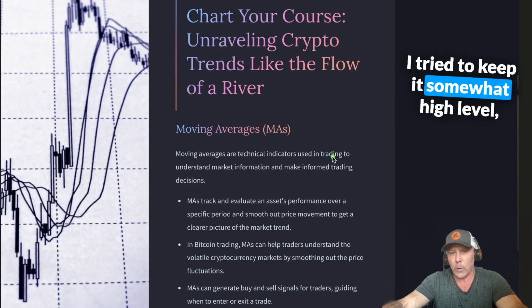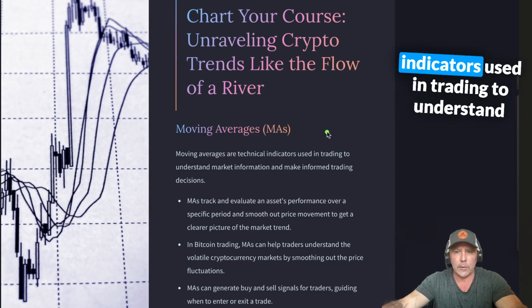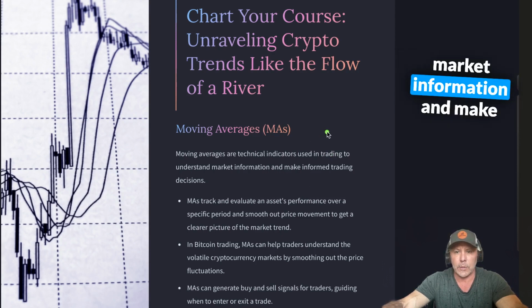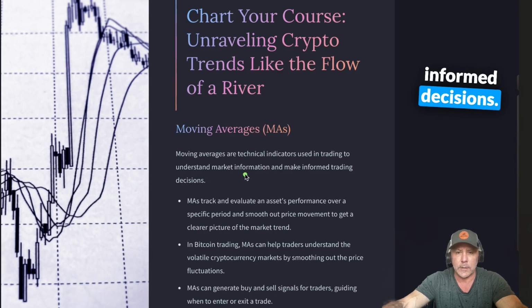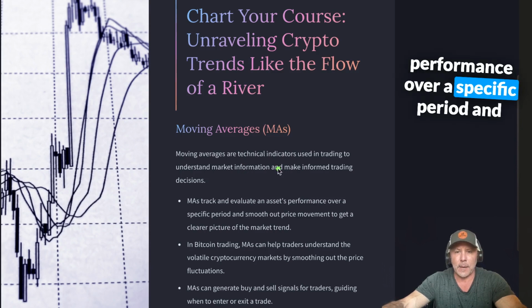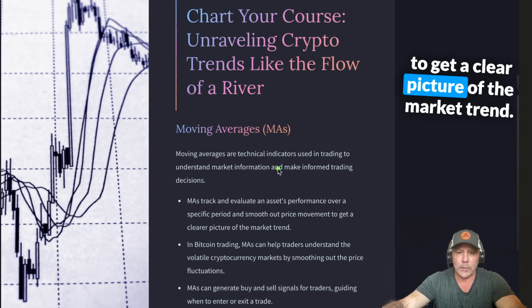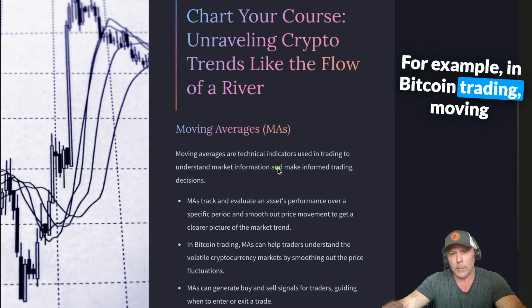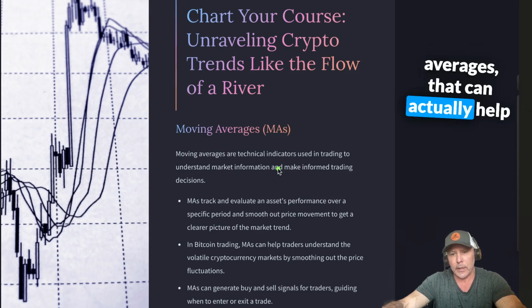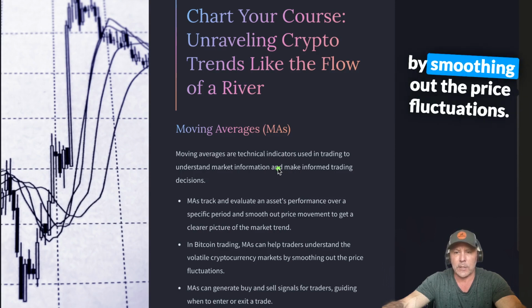But technically speaking, and I'm not too technical in this video, I try to keep it somewhat high level, moving averages are technical indicators used in trading to understand market information and make informed decisions. They track and evaluate the asset's performance over a specific period and smooth out price movement to get a clearer picture of the market trend. For example, in Bitcoin trading, moving averages can help us understand the volatility of the markets by smoothing out the price fluctuations.